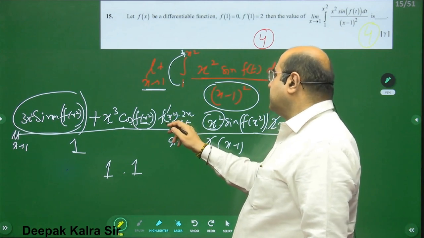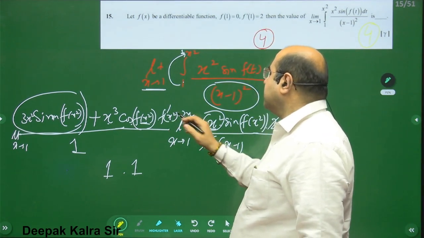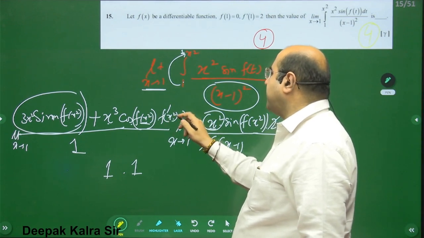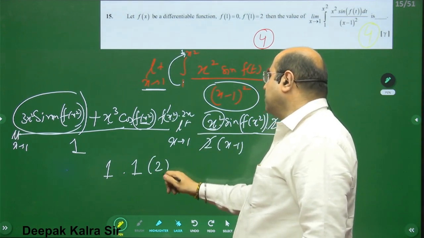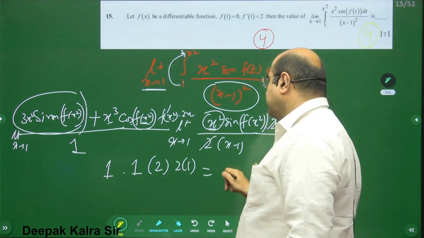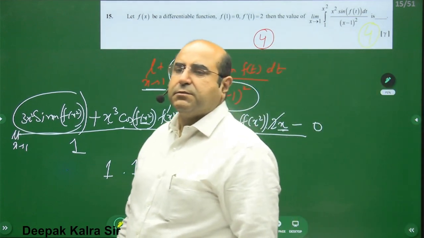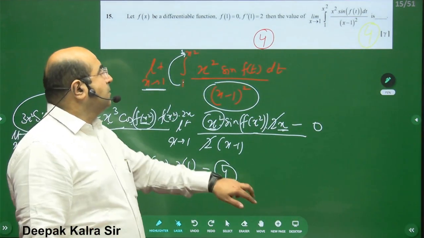Then you have f dash 1, sorry, not 0, f dash 1, which is 2, and 2 times 1. The answer becomes 4. Is that clear? So this is over.